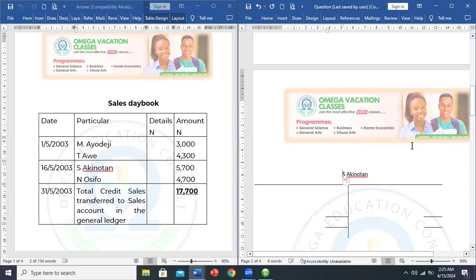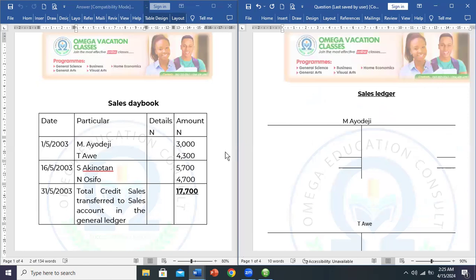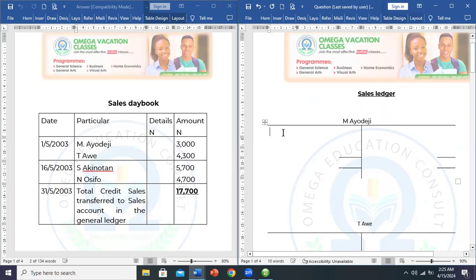Then we go for N. Osifu. So we are done with opening the account for each of the debtors. Now what you do is you pick the details for each of these debtors and record in their account in the sales ledger. So M. Ayodeji, on the 15th, we sold to M. Ayodeji.